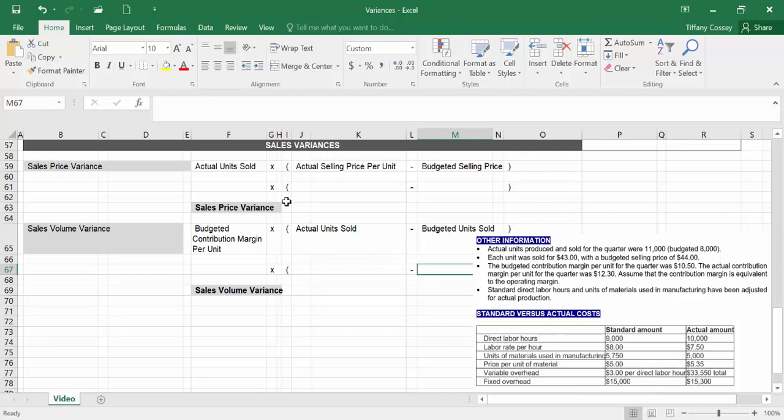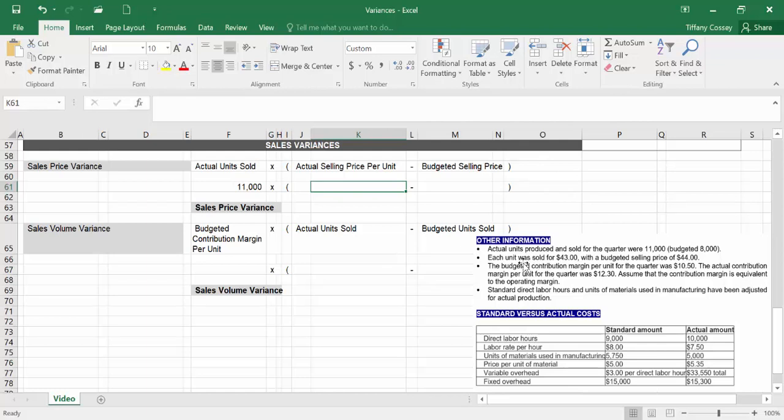To calculate the sales price variance, we need the actual units sold. And in the first line here it tells us actual units produced and sold for the quarter were 11,000. And then we're going to multiply that by the actual selling price per unit minus the budgeted selling price.